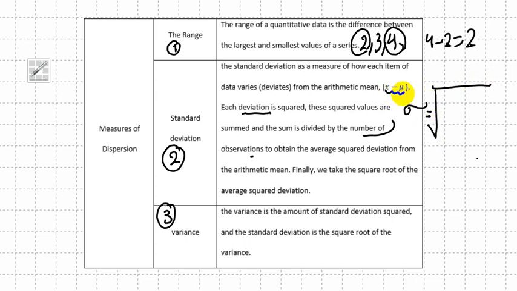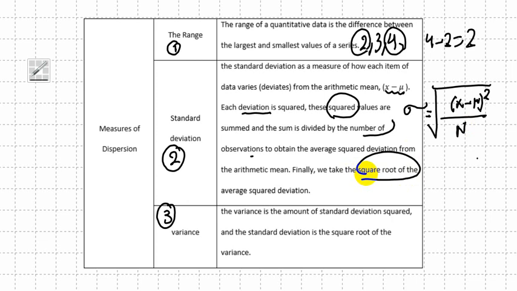First we find x minus mu. This amount will be squared, so (x minus mu) squared. And then this amount will be divided by the number of observations, which is n. Then take the square root of the value. So this is the formula for the standard deviation.